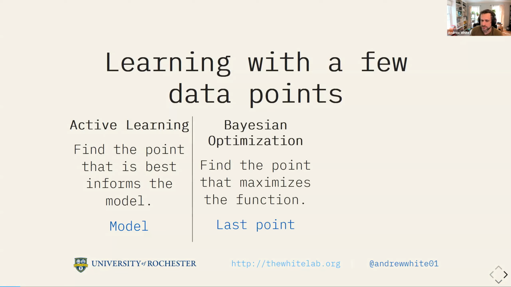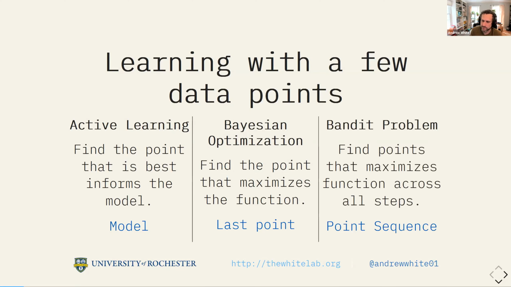So now we're not so concerned about building a good model, but just getting the best point. And then the last kind of setting is something called a bandit problem. And there we're trying to find sort of a series of steps that lead to each one of them being good. So maybe if you're doing drug discovery and you're trying to optimize one property, but you want to keep another property constant or still good, you might try something like a bandit problem as you go through the steps.